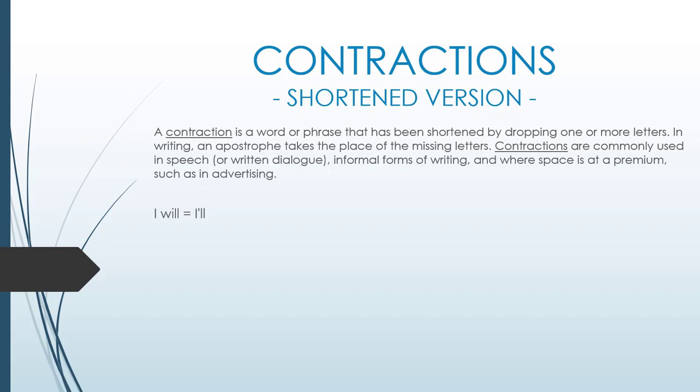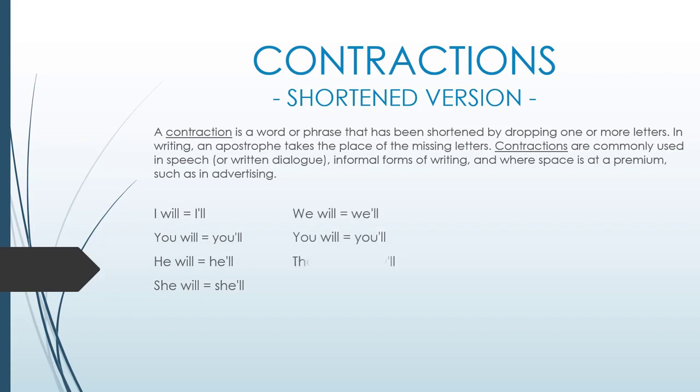Let's see examples for future tense. I will becomes I'll. As we see, between I and the double L, there's an apostrophe in written form. Then you will becomes you'll. He will becomes he'll. She will is she'll. We will, we'll.